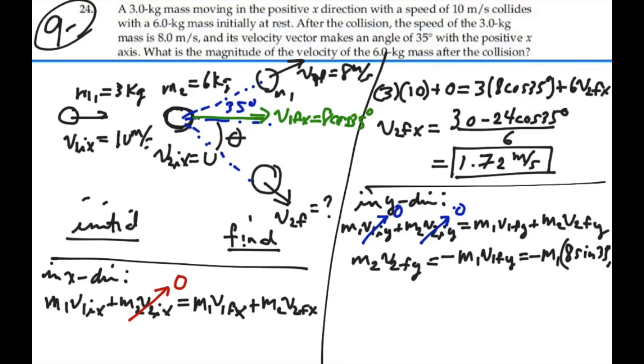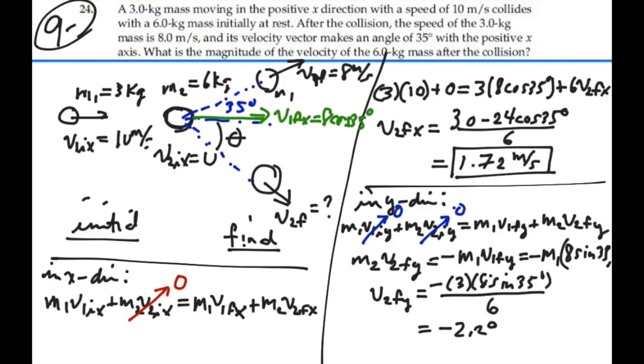So we have that v2 final in the y direction is going to equal a negative mass 1, which is 3, times 8 sine 35 degrees, divided by mass 2, which is 6. So what is that? A negative 2.29 meters per second.